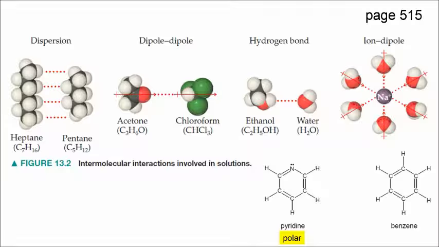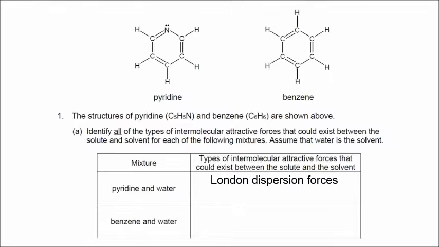It's not just an ordinary hydrocarbon. And then benzene is an ordinary hydrocarbon, so it's nonpolar. So pyridine is going to have both London forces and dipole-dipole forces, but no hydrogen bonding. Benzene is only going to have London dispersion forces with respect to how it forms attractions with water.